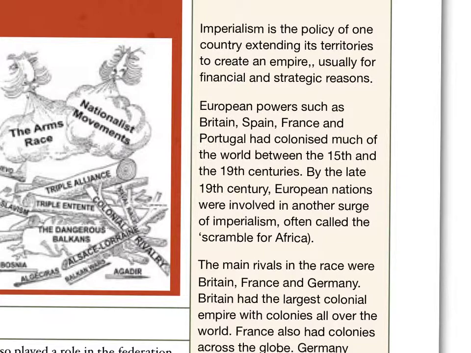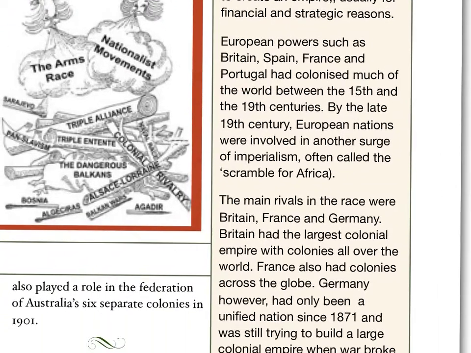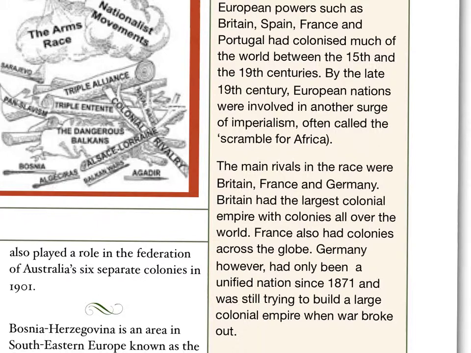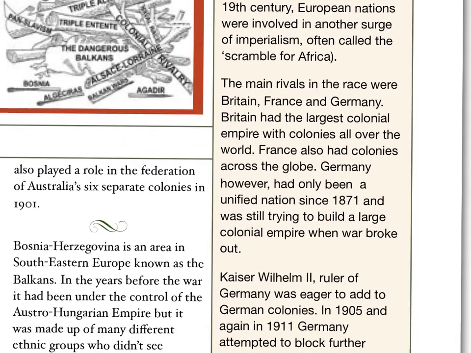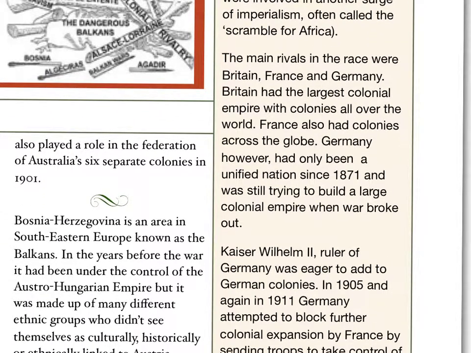Britain had the largest colonial empire with colonies all over the world. France also had colonies across the globe. Germany, however, had only been a unified nation since 1871 and was still trying to build a large colonial empire when war broke out. Kaiser Wilhelm II, ruler of Germany, was eager to add to German colonies.